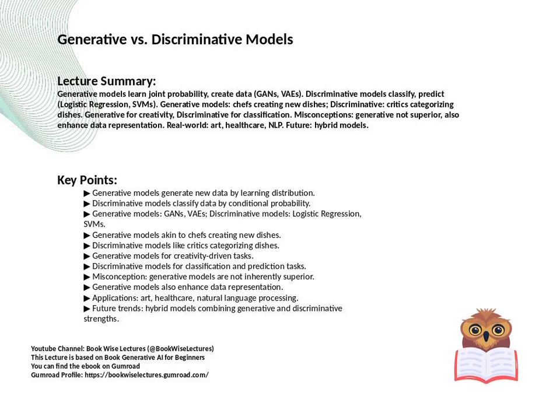In terms of applications, generative models are used in image synthesis, text generation, and simulation, while discriminative models find their use in image recognition, sentiment analysis, and fraud detection. Some example algorithms for generative models include GANs and VAEs, while logistic regression and SVMs are examples of discriminative models.